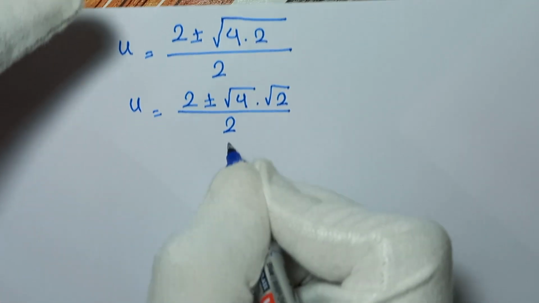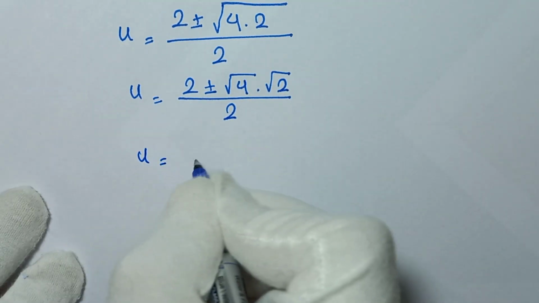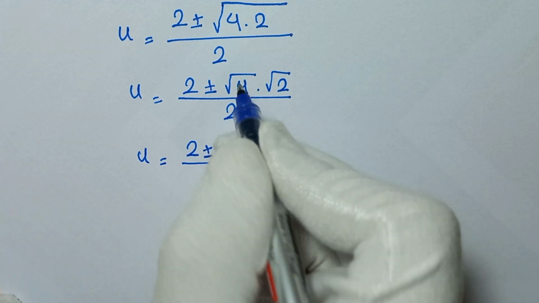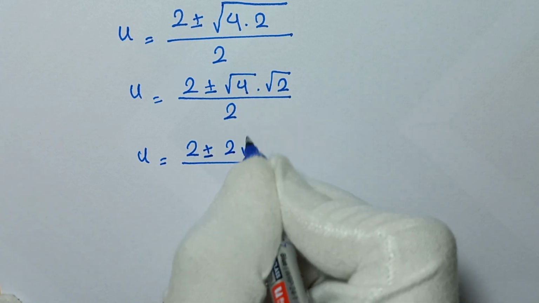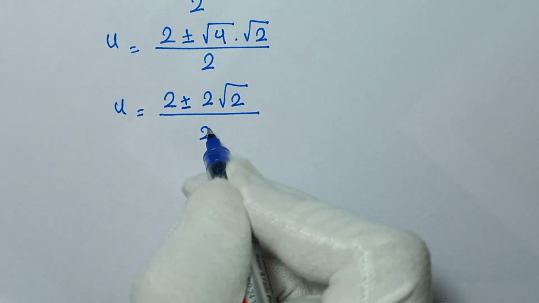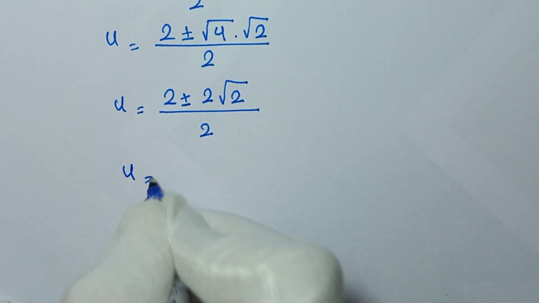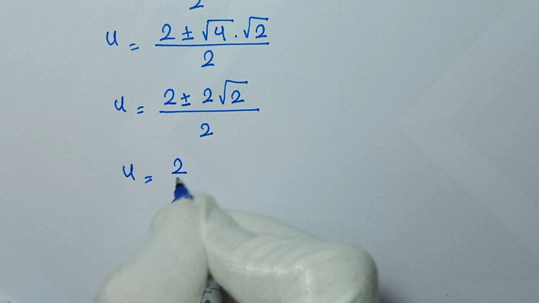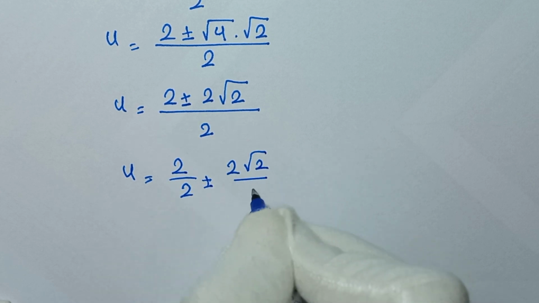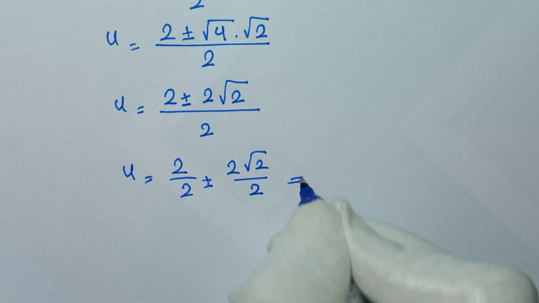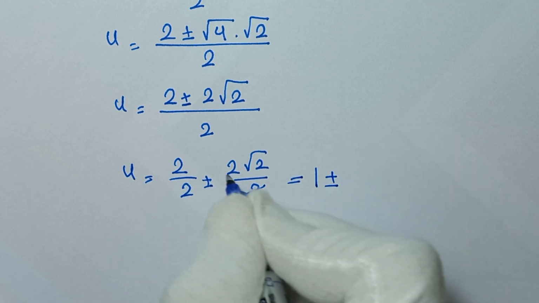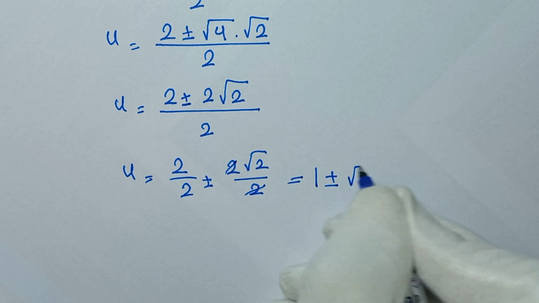So u = 2 ± the square root of 4, which is 2, times the square root of 2, over 2. In the next step we separate this fraction and it will be u = 2/2 ± 2 square root of 2 over 2. And 2 over 2 is 1, and here this 2 cancels this, and it will be the square root of 2.